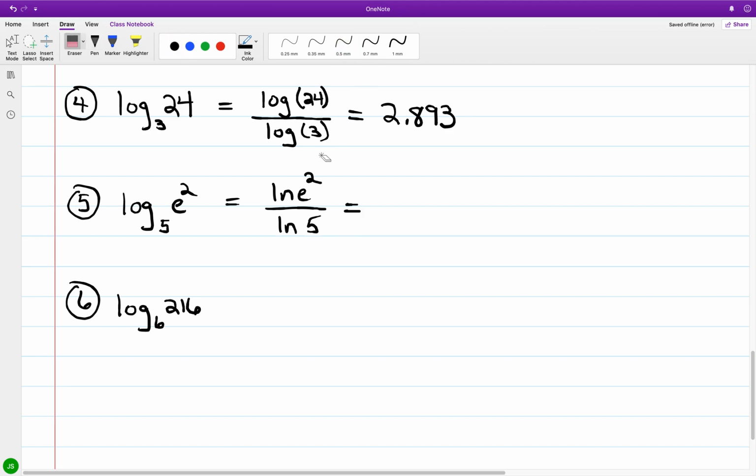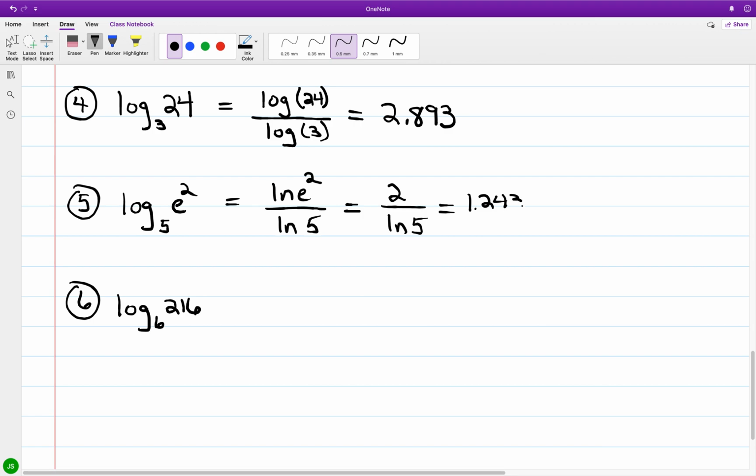If you notice, ln and e will match up, and this can go to 2 over the natural logarithm of 5. And so 2 divided by the natural logarithm of 5 is going to go to 1.243 when rounded to the nearest 3 decimal places.